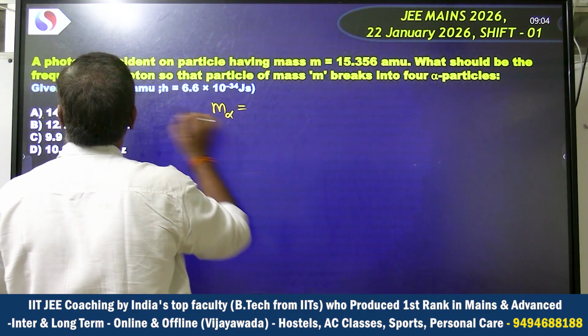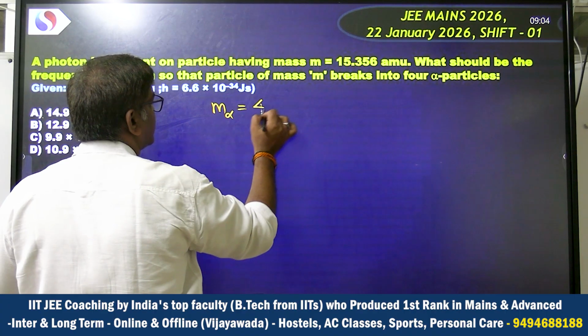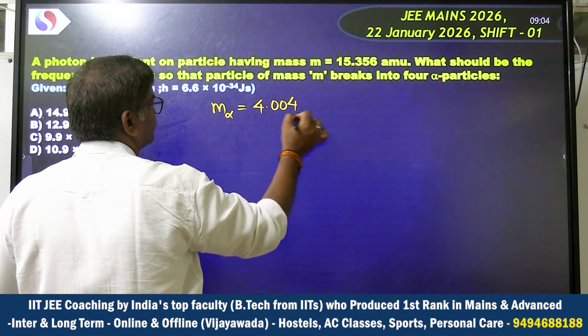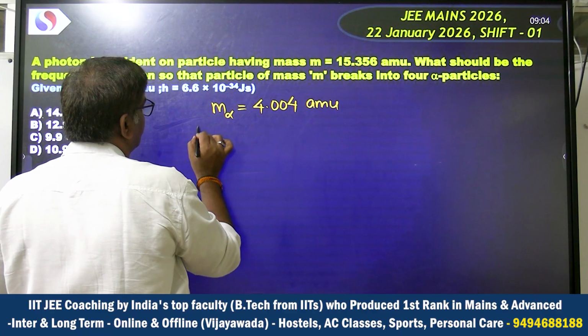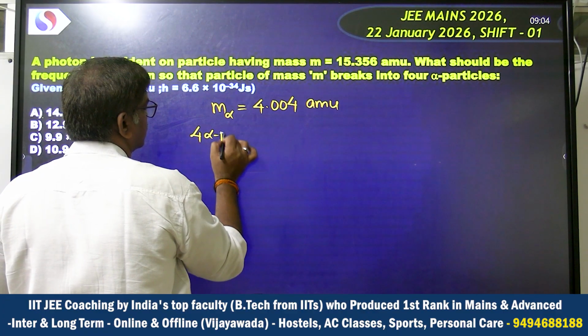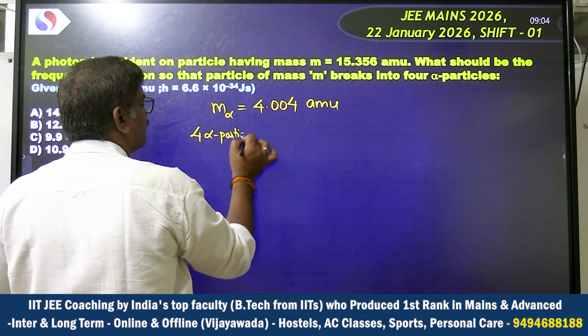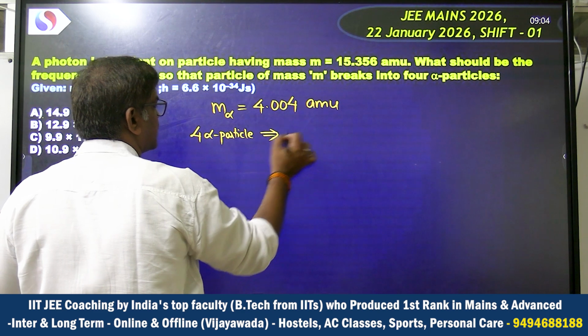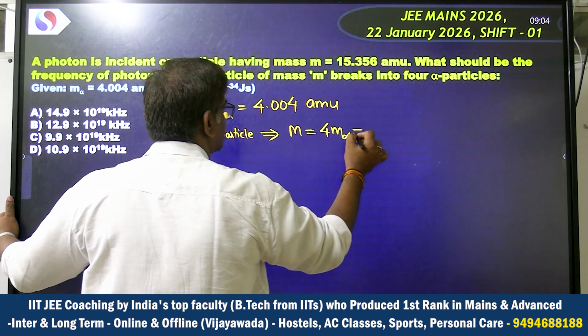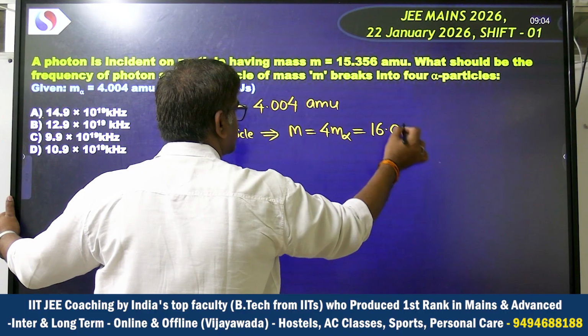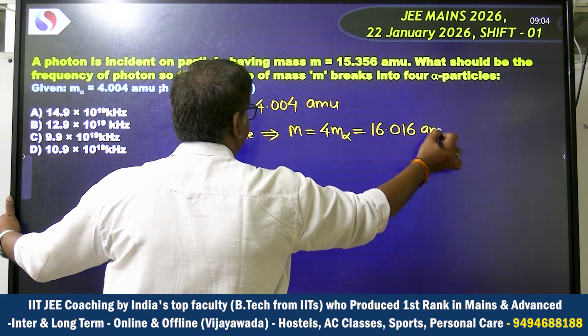The mass of an alpha particle is given to you as 4.004 AMU, atomic mass unit. That means 4 alpha particles have the mass 4 m alpha, which is 16.016 AMU.